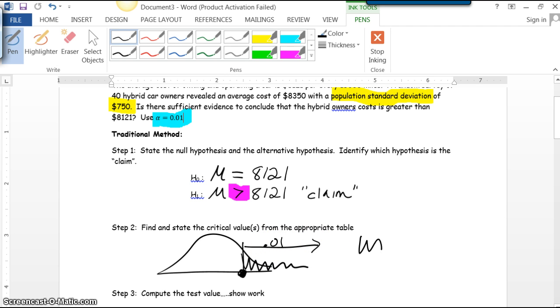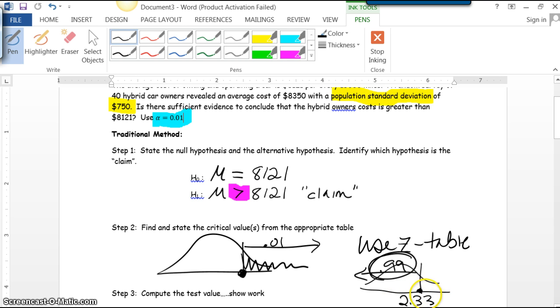When you use your Z table to get this value, you have to look up 0.99 going to the left and look for that area, and that should get you fairly close to 2.33, and that will be your critical value. So over here, 2.33 is your critical value.